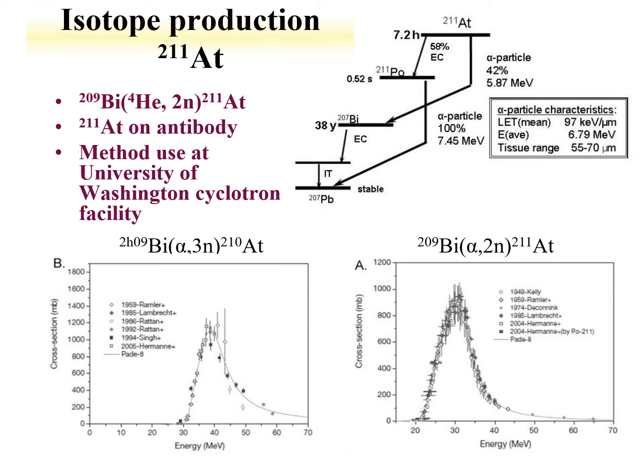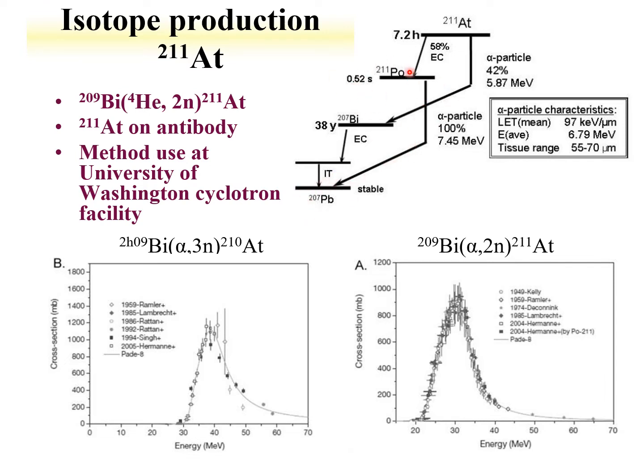When astatine is bonded to the monoclonal antibody, the antibody can then travel to a cancer during the decay of the astatine, which has a 7.2-hour half-life. It decays by two routes: electron capture to polonium, a very short-lived polonium isotope, half a second, which then decays to stable lead-207.